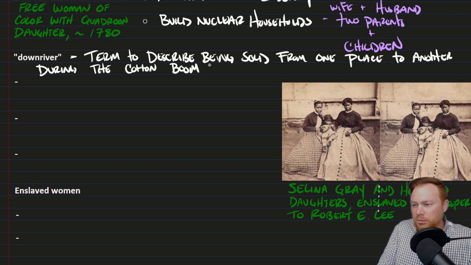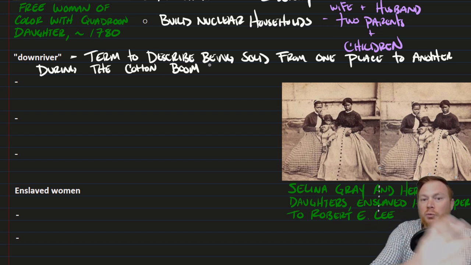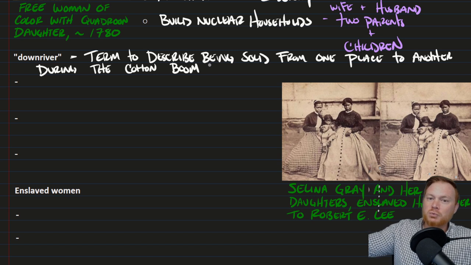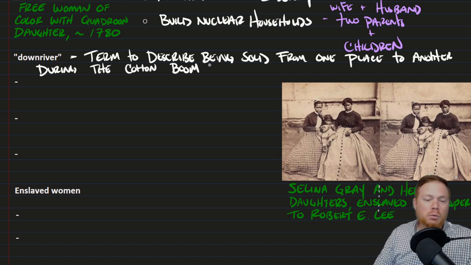This was less common before cotton because slavery was more or less just in the Chesapeake Bay around Virginia, and you had generation after generation of enslaved individuals on a single plantation. But as soon as cotton began to spread further and further west, families were being sold at a much higher rate, and people were being sent, quote unquote, down the river.